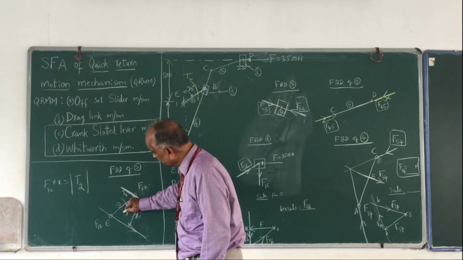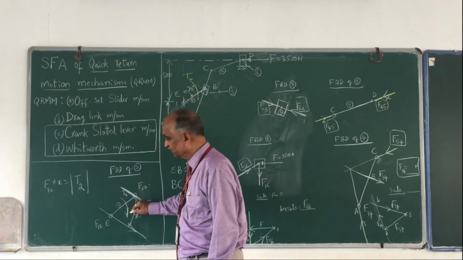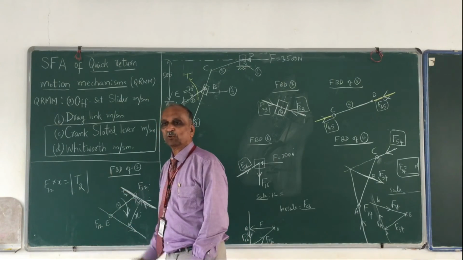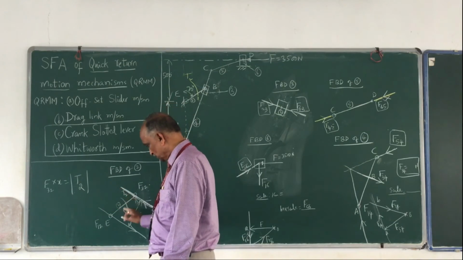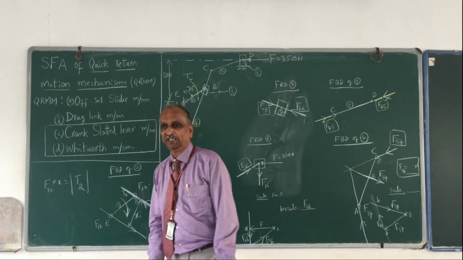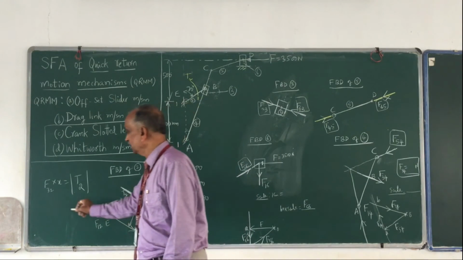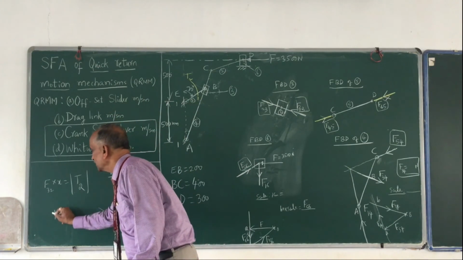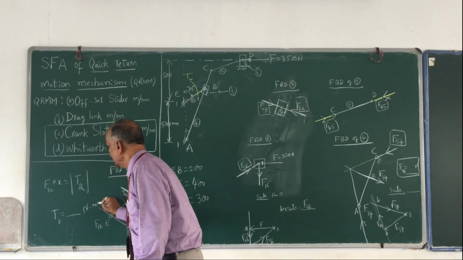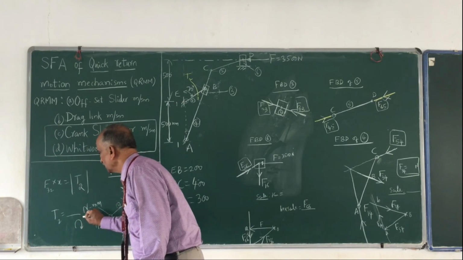So the torque you have to apply must be in clockwise direction, so that there won't be any motion, and therefore it will remain in equilibrium. And this is how T2 is so many newton millimeter, and the direction is clockwise.